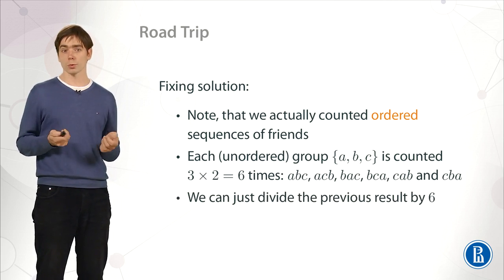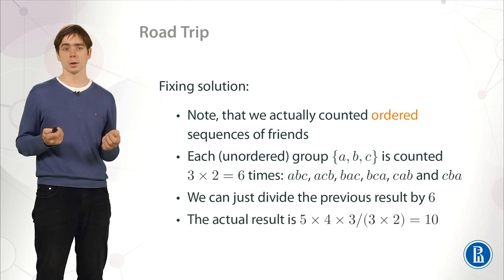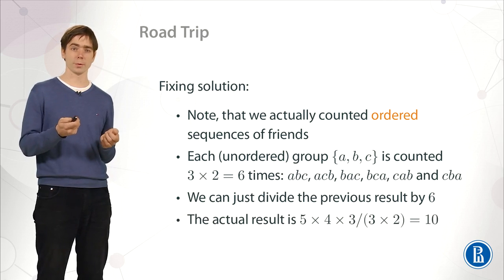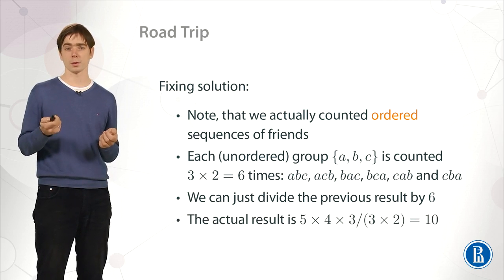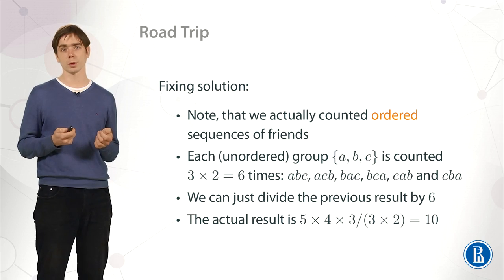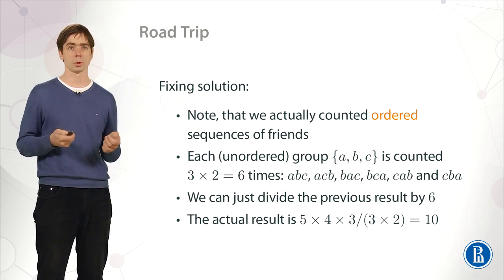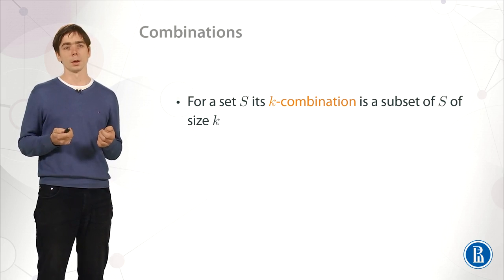And so, to fix this problem, we can just divide the previous result by 6. The actual result will be 5 times 4 times 3 divided by 6. That is 10 possible ways to pick 3 friends out of your 5 friends. Okay, let us introduce the general definition now.